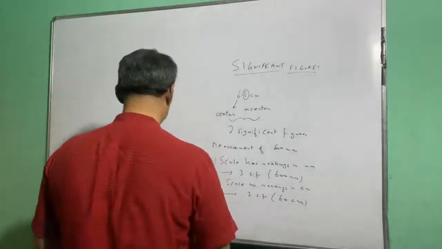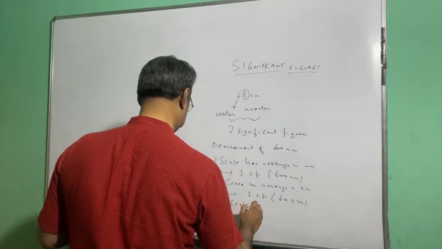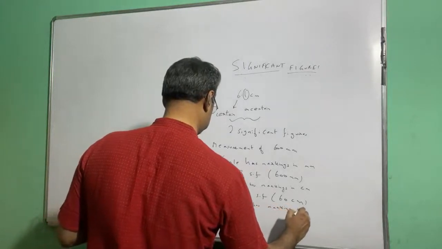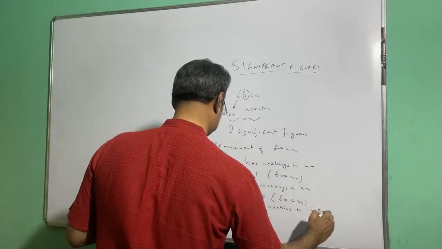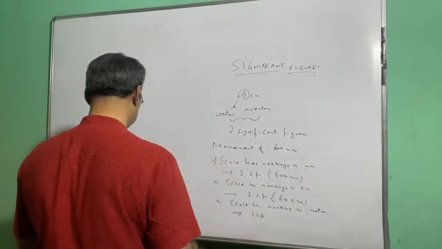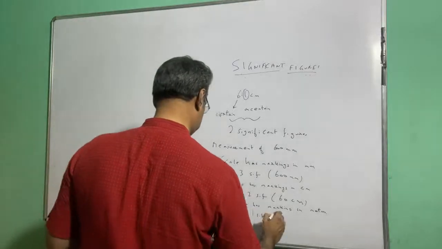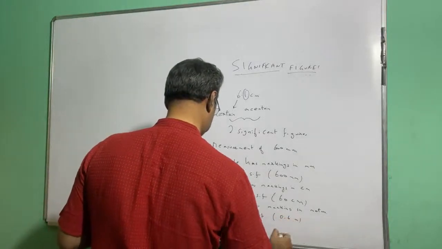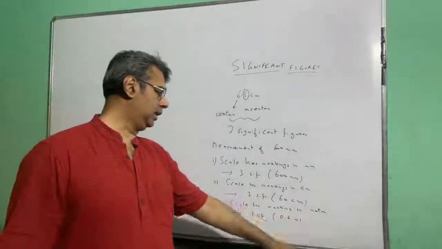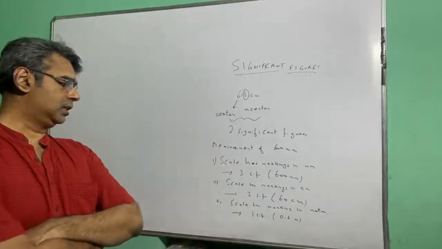Now, if your scale has marking in meters, then in that case 600 millimeter will be considered as 0.6 meter.